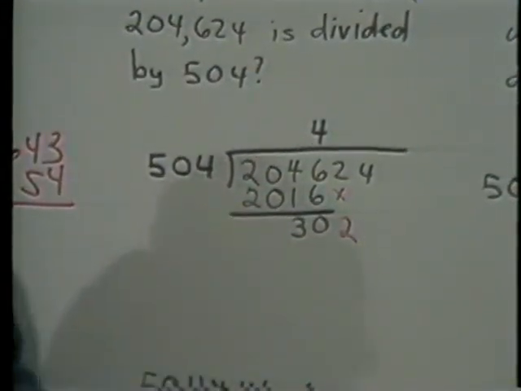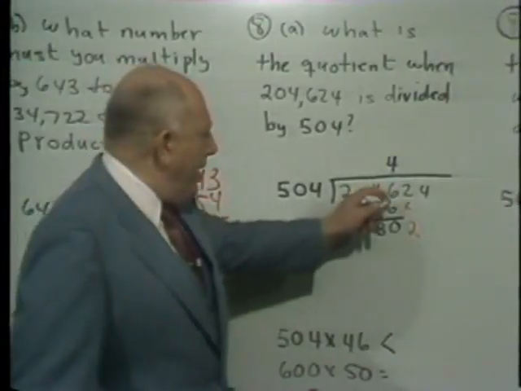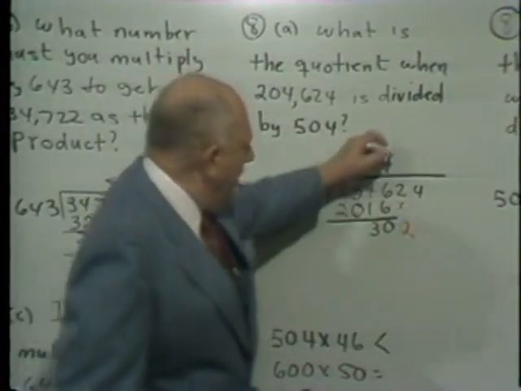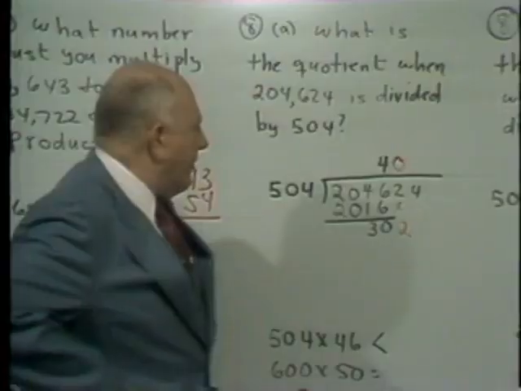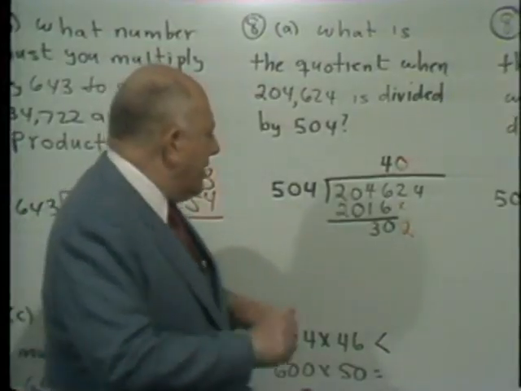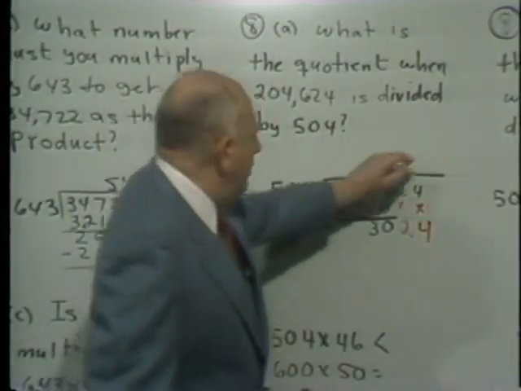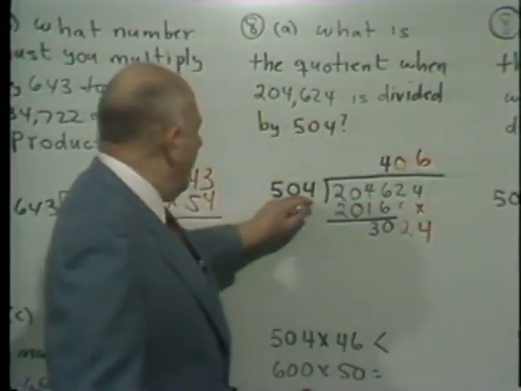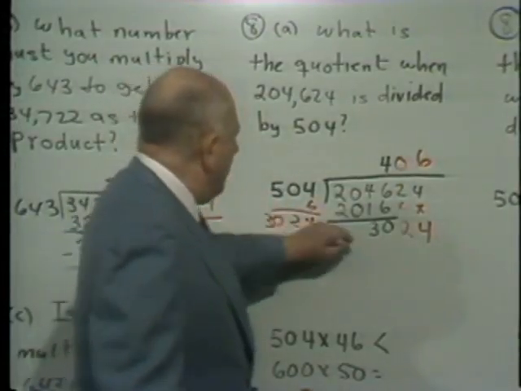Does 504 go into 302? No, 302 is too small. But remember, anytime something comes down, something else has to come up. So since there are none over here, we have to put a 0 in. Now we bring down the next number, which is a 4. 5 goes into 36 times. We'll take a shot at it. See? 24, 30. Worked out fine.